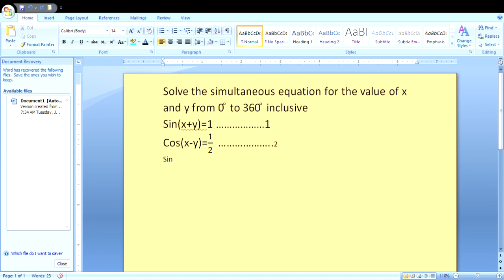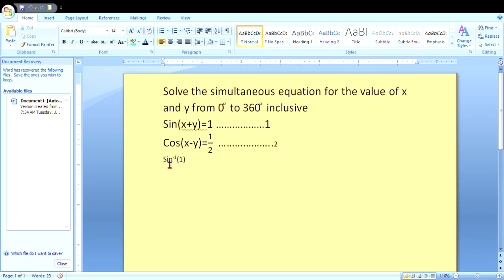sine inverse of what we have here, which is 1, sine inverse of 1 on the right hand side.